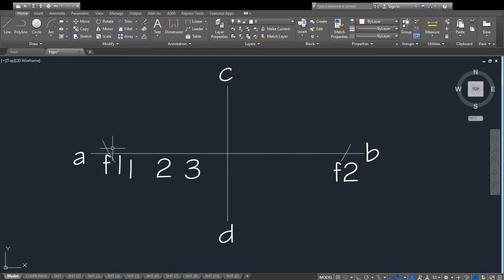I take the radius to the major axis and center C or D. You make an arc to cut the major axis close to A and close to B, and you have your F1, F2.